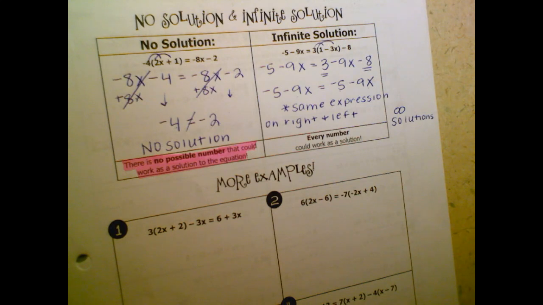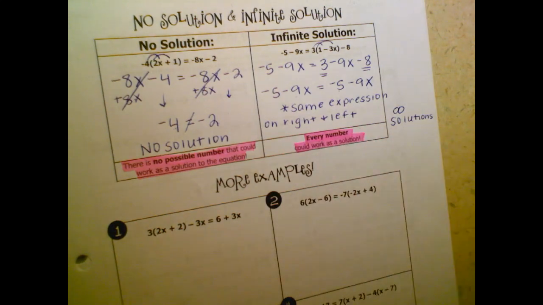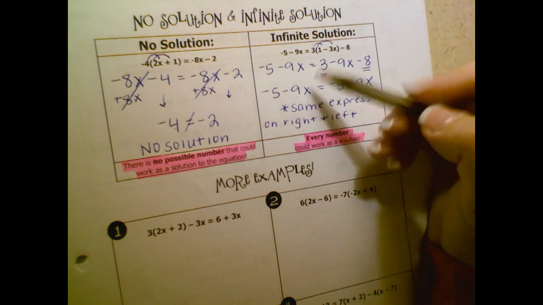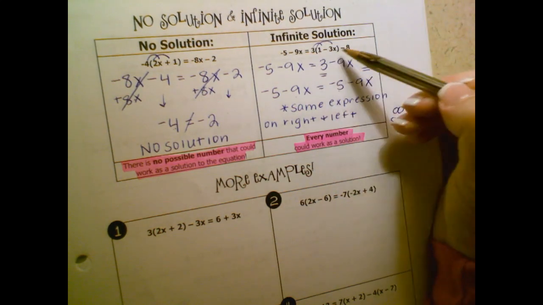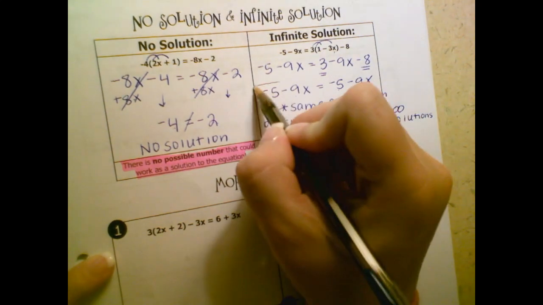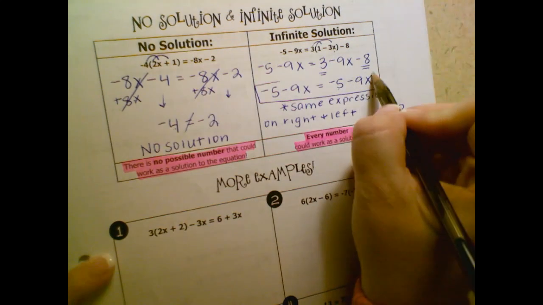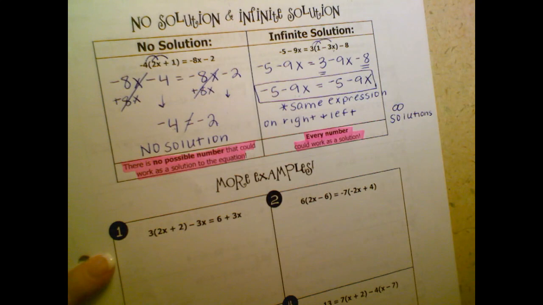So every single number can work as a solution. I could put in a 3, I could put in a 100. Any number can work in my equation because I have the same thing on the left as I do on the right.